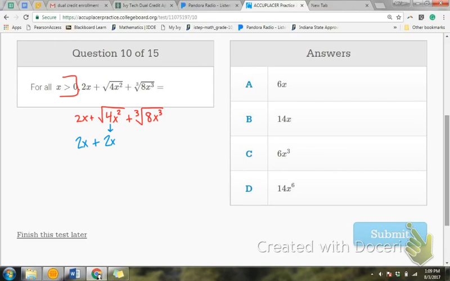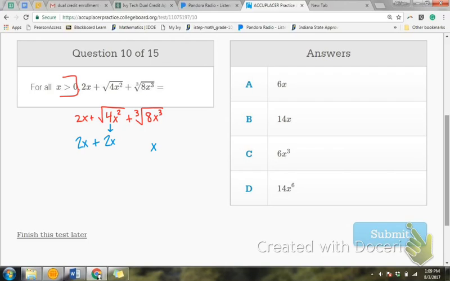What about this one? What is the cube root of x cubed? It's just x, right? Just like the square root of x squared was just x. What's the cube root of x cubed? Just x. That means x times x times x makes x cubed.